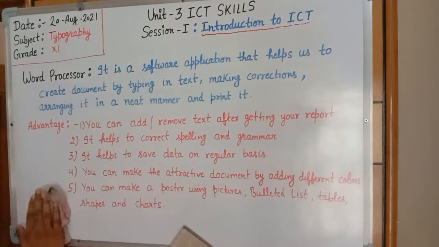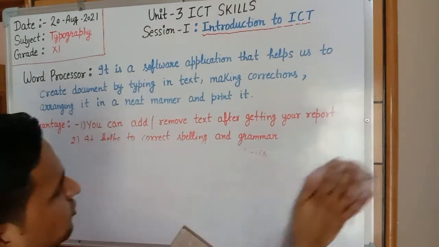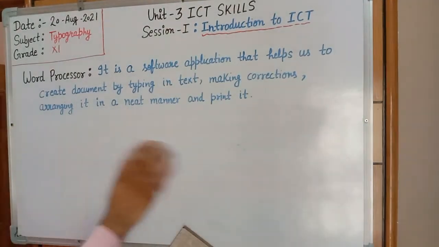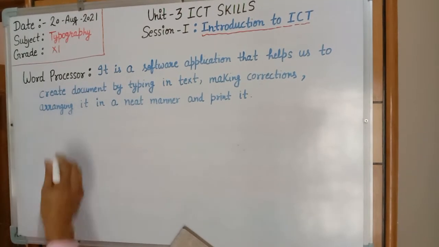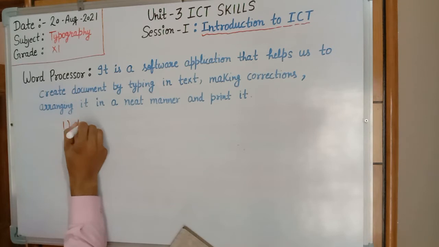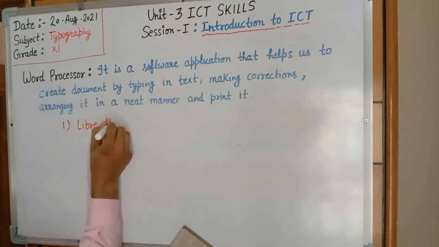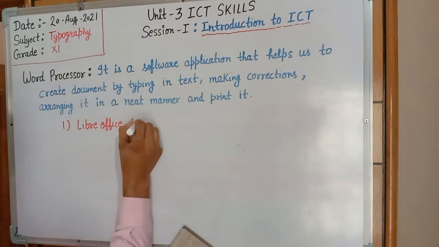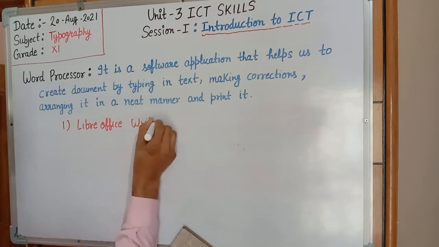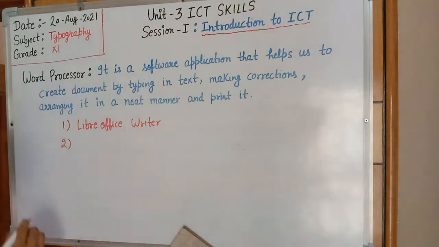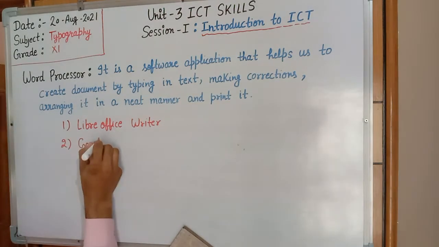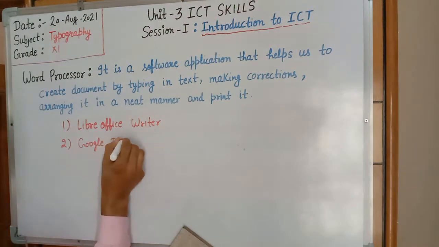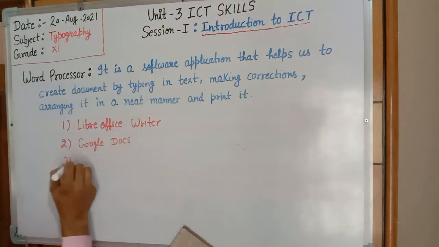Now which types of word processor software are available to do the editing? Here we are discussing 5 types of software. First software is LibreOffice Writer. Second we can use Google Docs. Third, it can be MS Word.